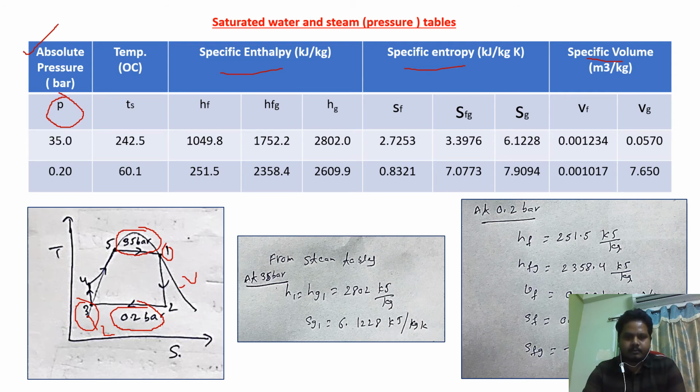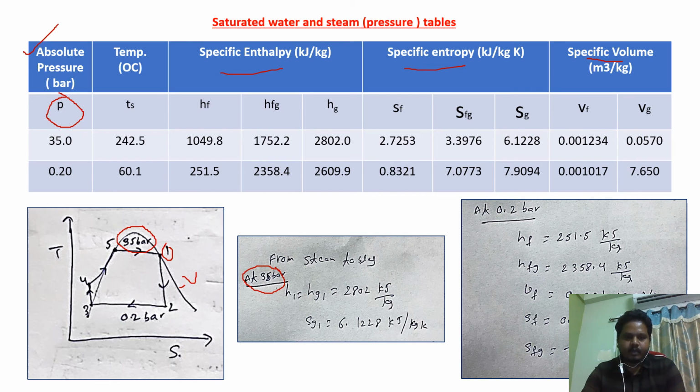Now let us see point 1. The pressure is 35 bar. Here point 1 is the inlet of the turbine and the pressure at point 1 is 35 bar. So at 35 bar we have to find the specific enthalpy, specific entropy and specific volume.